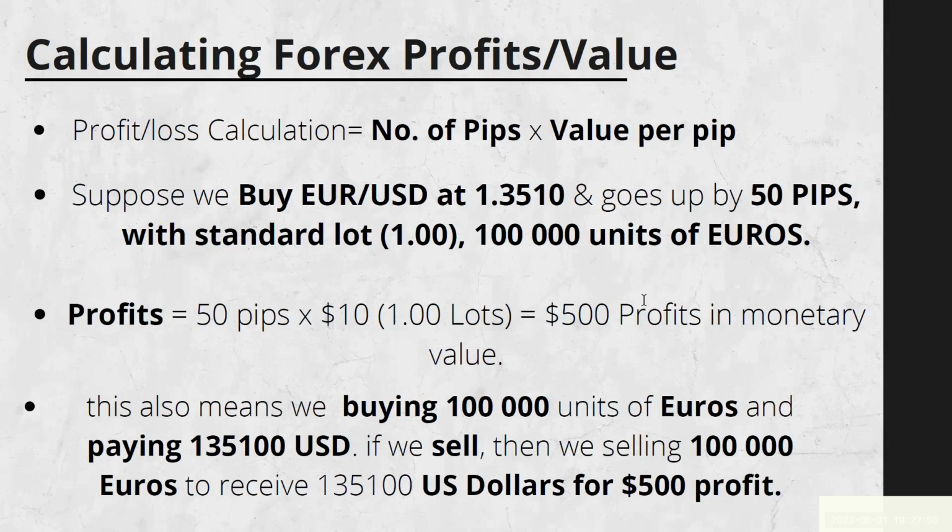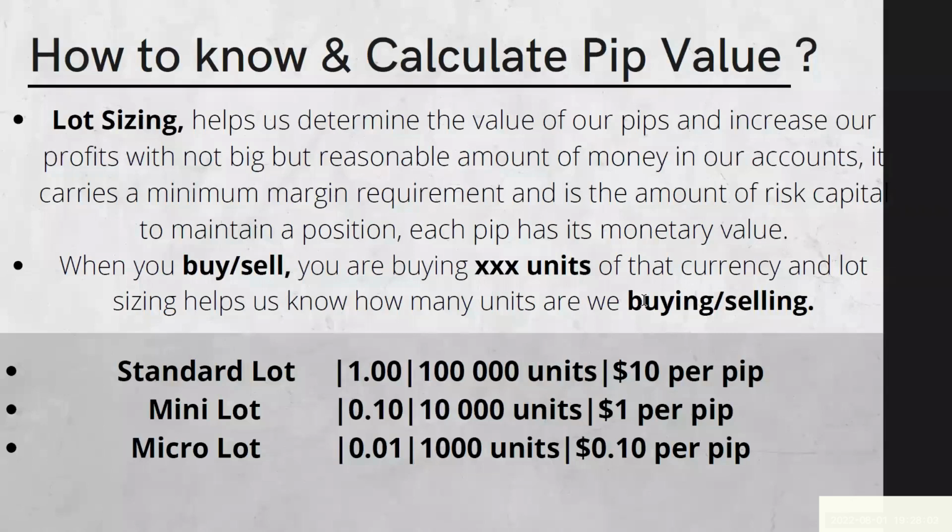So lot sizing can work for you or it can work against you, but in order to determine which lot sizing one must use, you must carefully look at how much is available in your trading account. It would not make sense for you in a $1,000 account to use a standard lot, especially if you're a beginner trader.